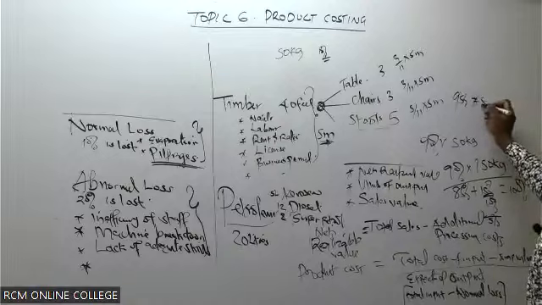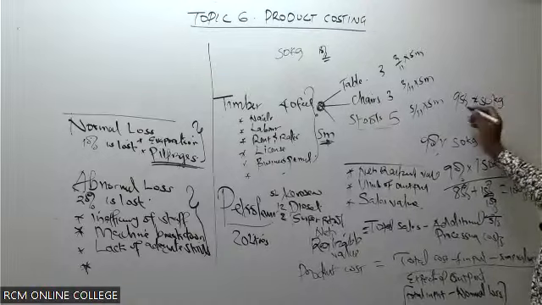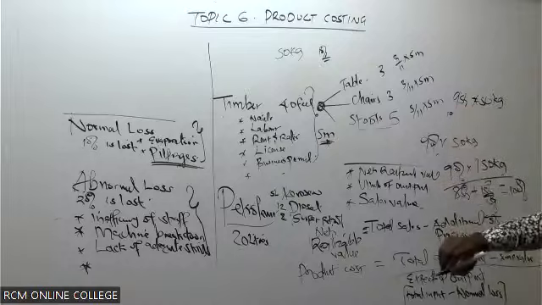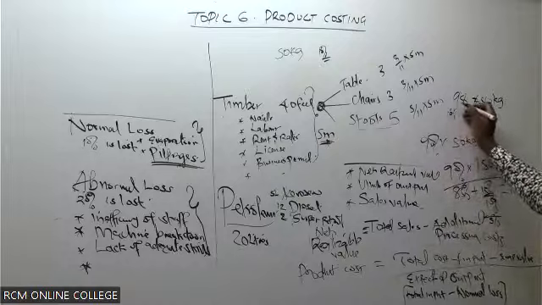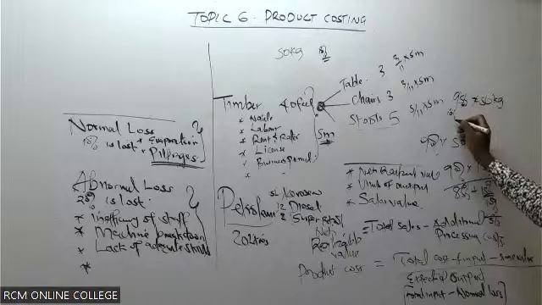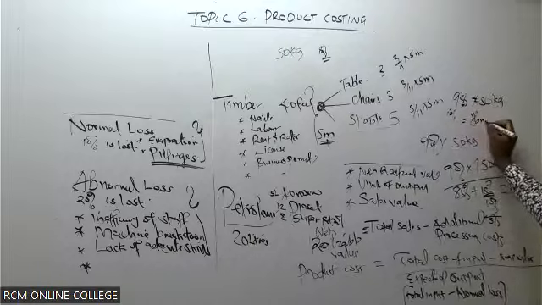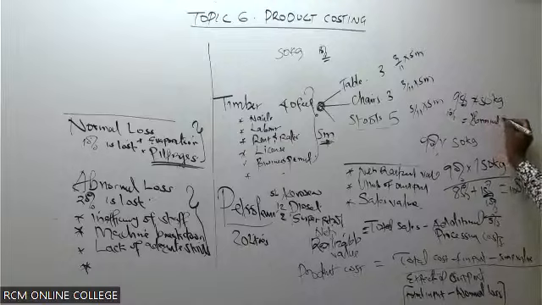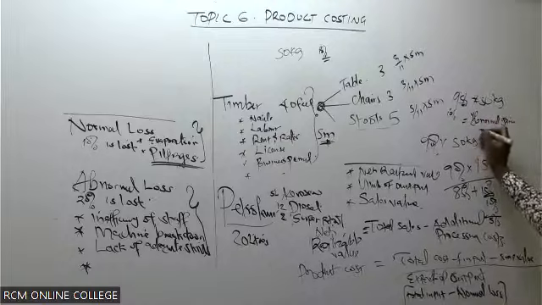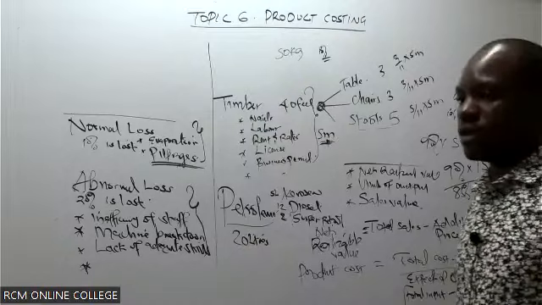They expected to lose 10%, but they have only lost 5%. So what has happened? There's what we call abnormal gain. Abnormal gain has occurred.